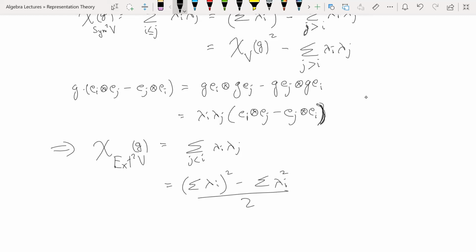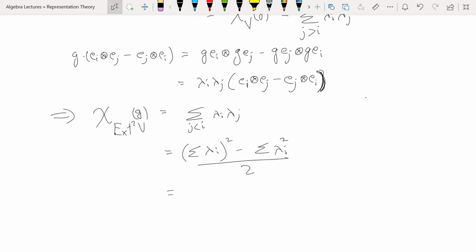And this of course you can write as the character of g, whole square, minus the character of g square, that is, g times g. The character of g is going to be summation lambda_i, but g square will have eigenvalues lambda_i square. So this is precisely that.